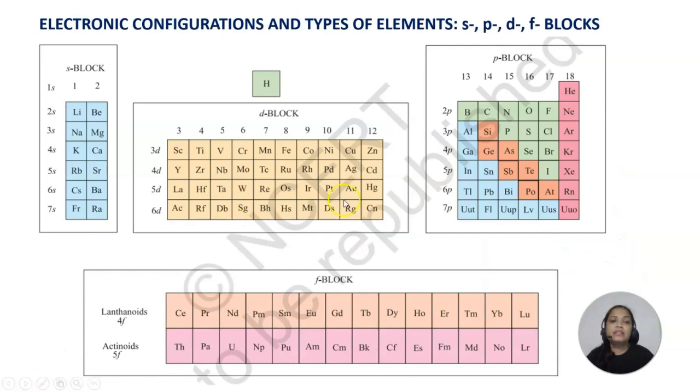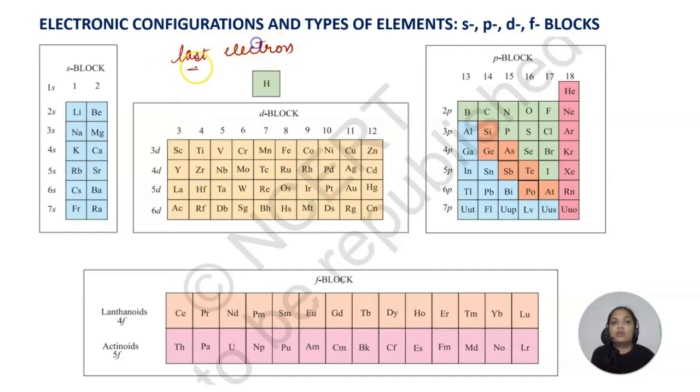Now let us see the different blocks. You can see that the periodic table is divided into 4 blocks: s, p, d, f. Now how are these s, p, d, f blocks actually made? It depends on the last electron: which shell, and which orbital, the last electron is entering.